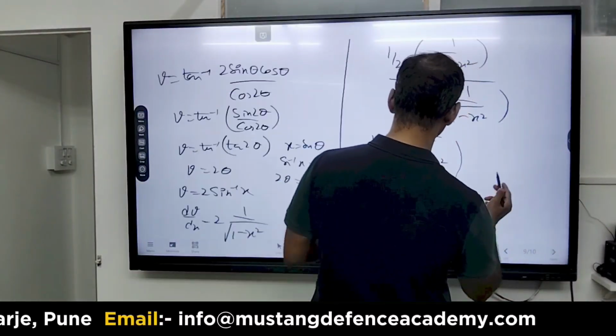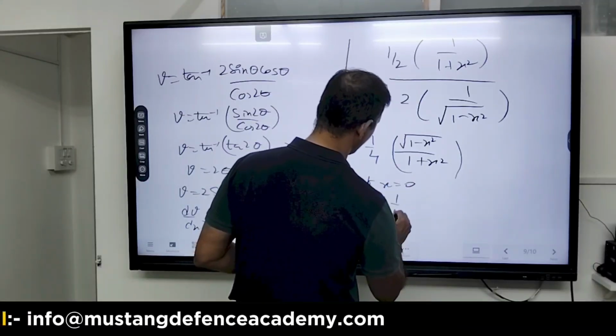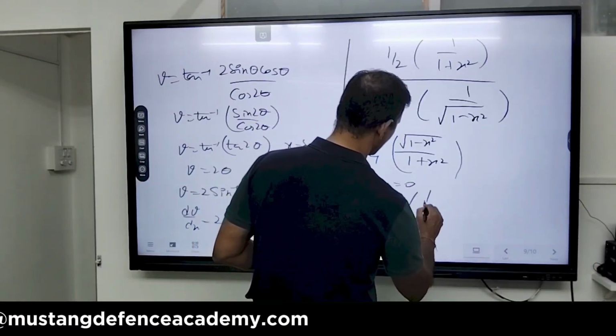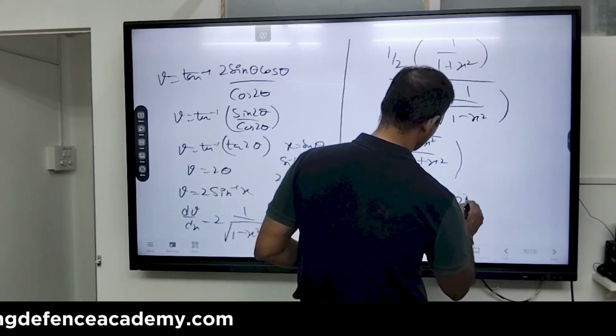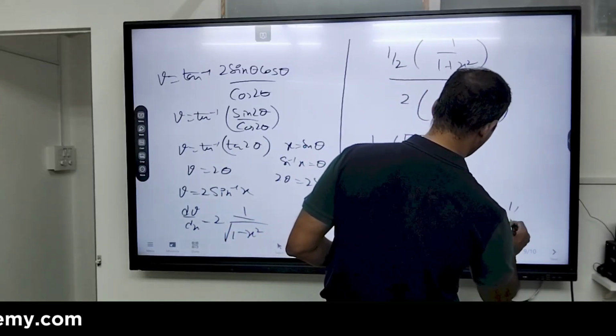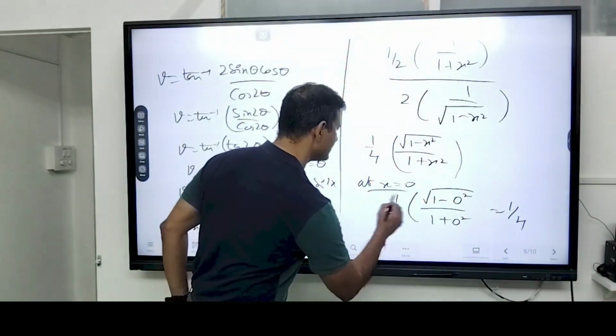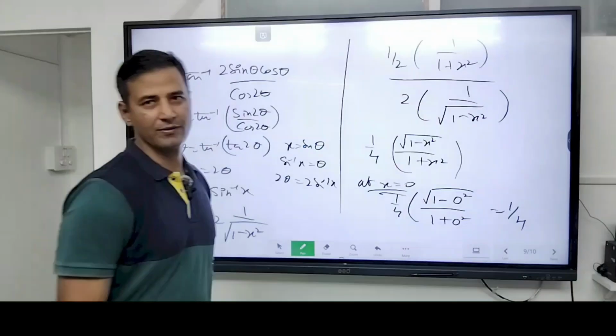So this is your answer. Then at x is equal to 0, you can put 1 upon 4 root of 1 minus 0 squared upon 1 plus 0 squared. This is equal to 1 upon 4. So if they have asked at x is equal to 0, then your answer is 1 by 4.